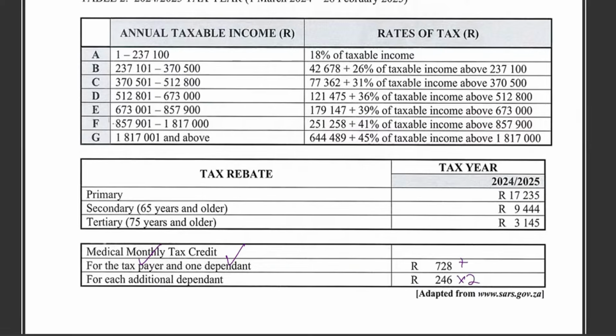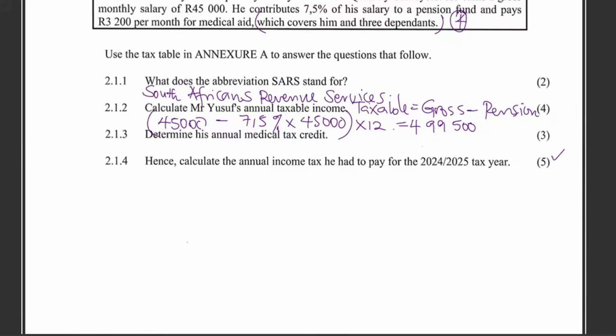So we shall multiply this by two. Let's come back in our answer. Annual medical tax credits, we are saying 728 plus 2 times 246. Everything we multiply by 12, we are looking for annual. So the answer became 14,640. Keep it aside. Okay, let's continue.